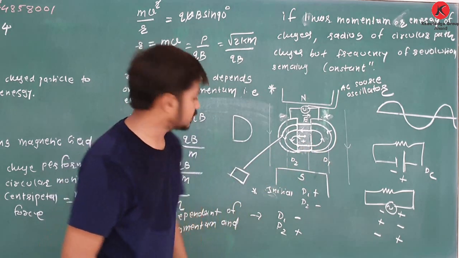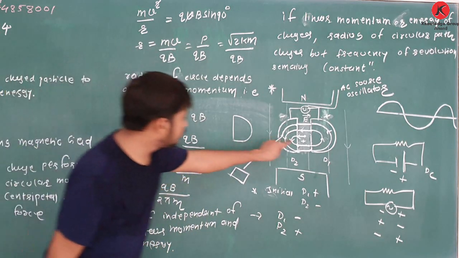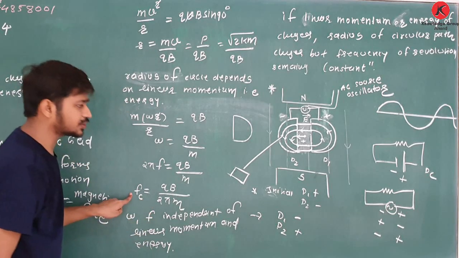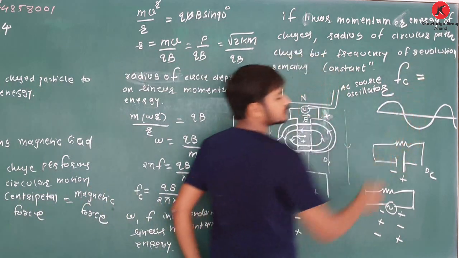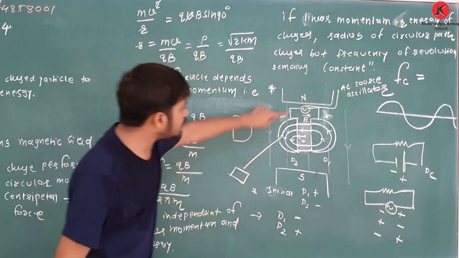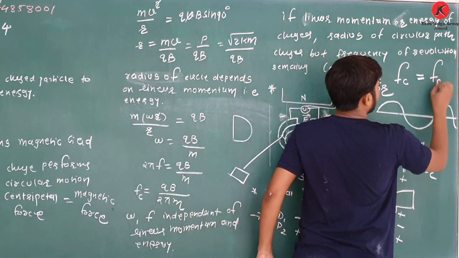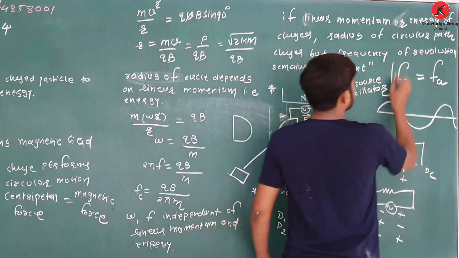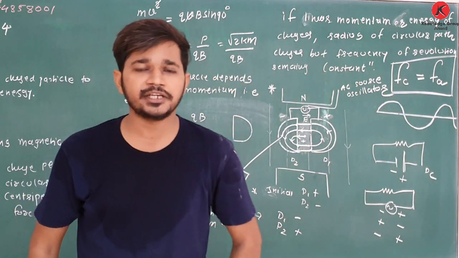See, it is the frequency of the cyclotron, Fc, the frequency at which this charge moves. The frequency of the cyclotron, Fc, must be equal to the frequency of the oscillator, Fa. This is the condition to operate this cyclotron.